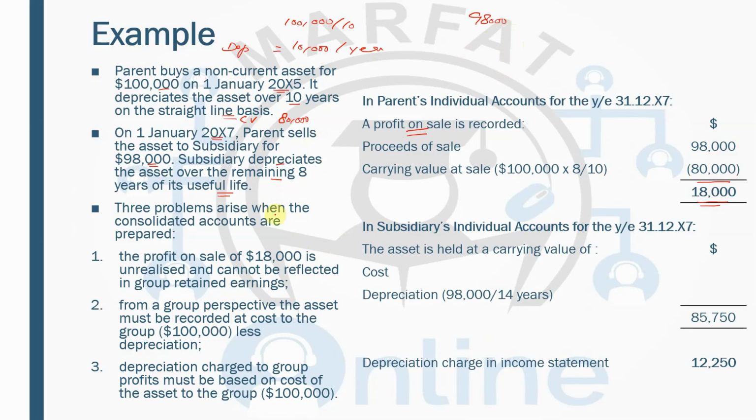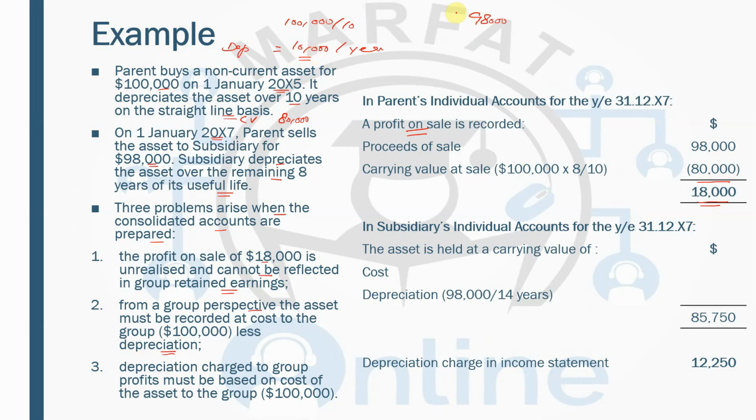3 problems arise when the consolidated accounts are prepared. The profit on disposal of 18,000 is unrealized and cannot be reflected because of the single entity concept. From a group perspective, the asset must be recorded at cost less depreciation. And depreciation should be on the basis of the parent's cost. Like for example, the depreciation normally would be 10,000, which is 100,000 divided by 10.